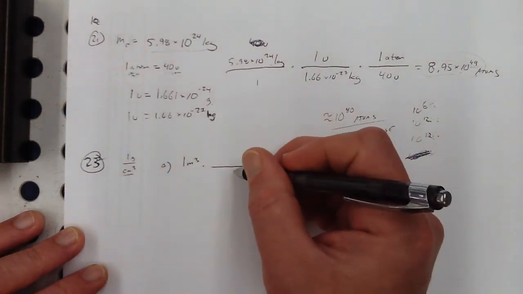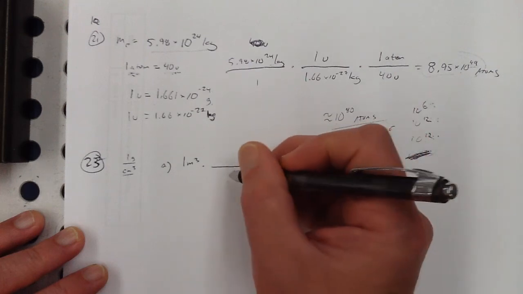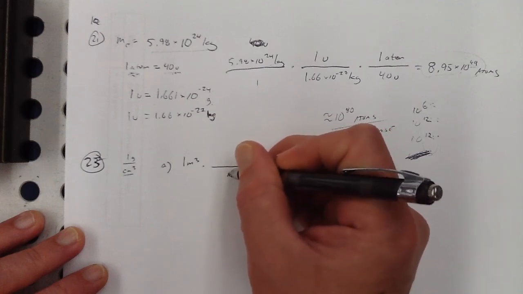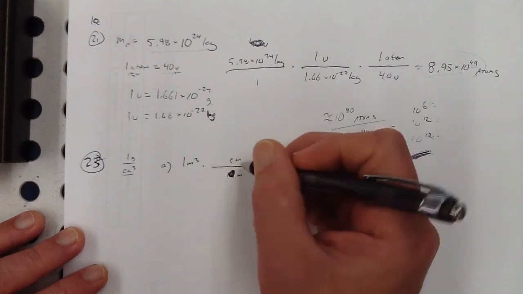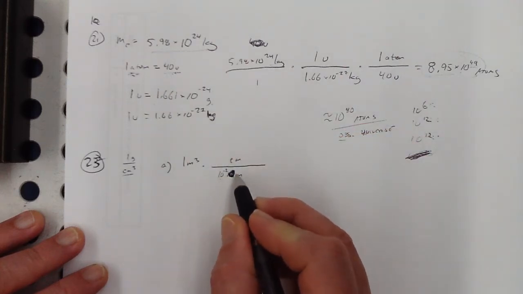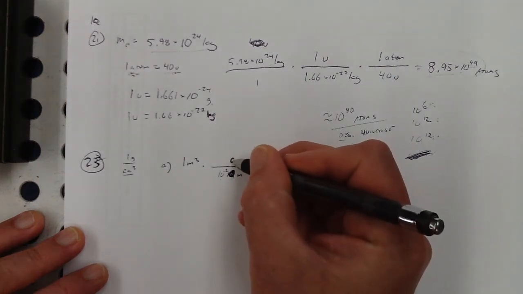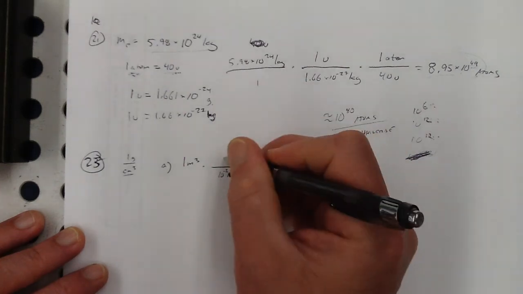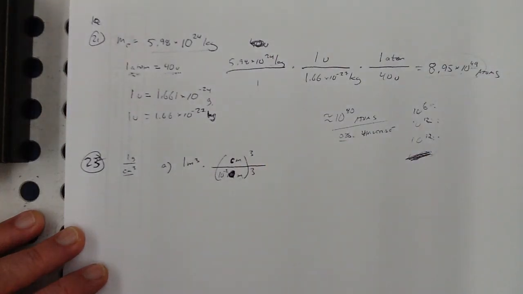In 1 meter, there are 100 centimeters. I like to be consistent: centimeter means 10 to the negative 2 meters, because that's what the centi means. So just like those cancel out, these mean the same thing and cancel out. Now, of course, I'm doing cubic units, so I have to cube both of those.